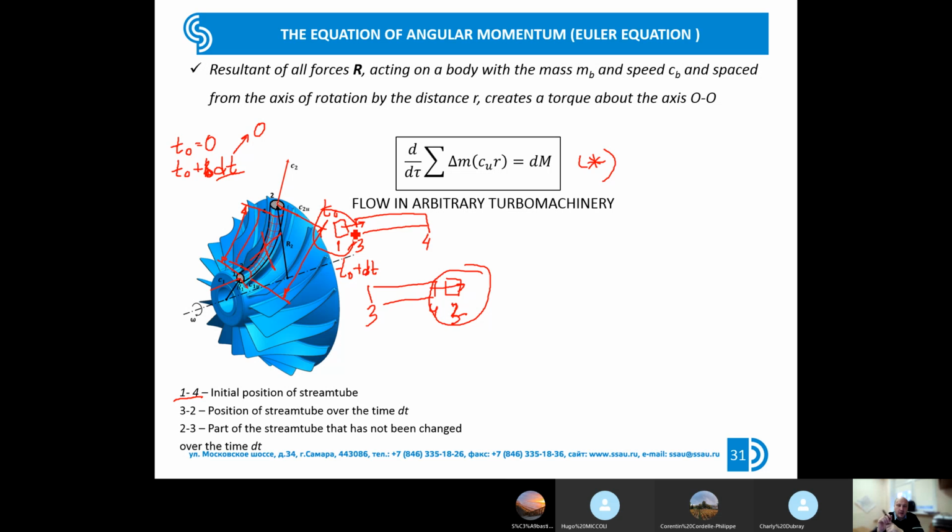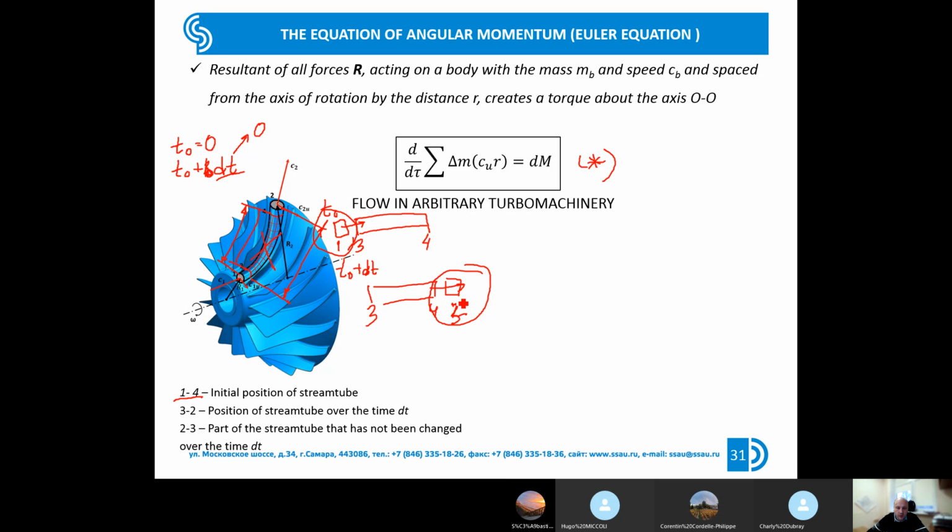That's why the momentum of this element will be equal to the angular momentum of this mass at the first period of time, because at the second period of time it disappears.